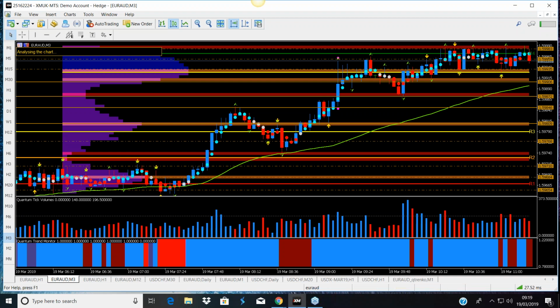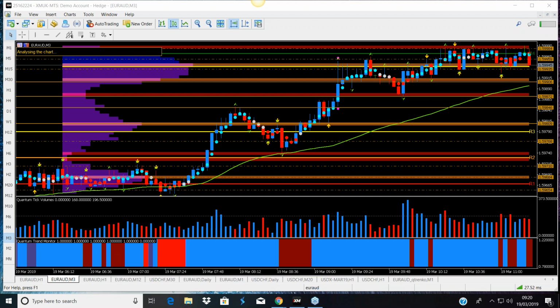Looking at the CSI that I have on another screen, I can see the euro is still pretty overbought at the moment, and the Aussie is kind of at the bottom, but it's not quite turning up. So we'll see what happens on that.